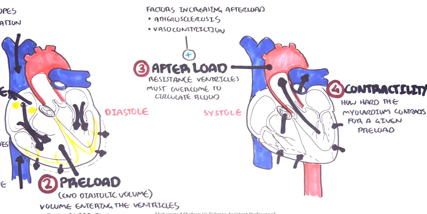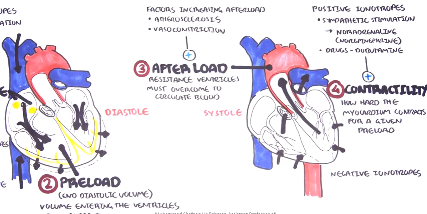The last determinant of the cardiac output is contractility. This is how hard the myocardium contracts for a given preload. The things which influence the contractility are the inotropic factors, that may be positive inotropes and negative inotropes.